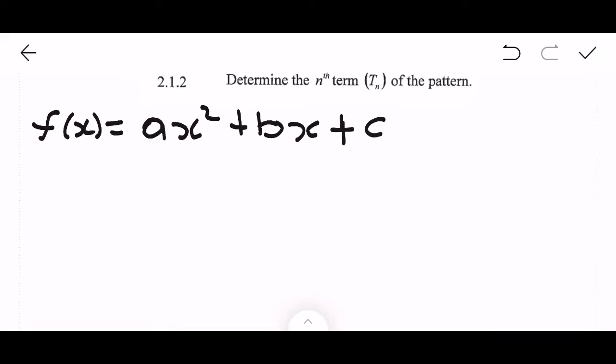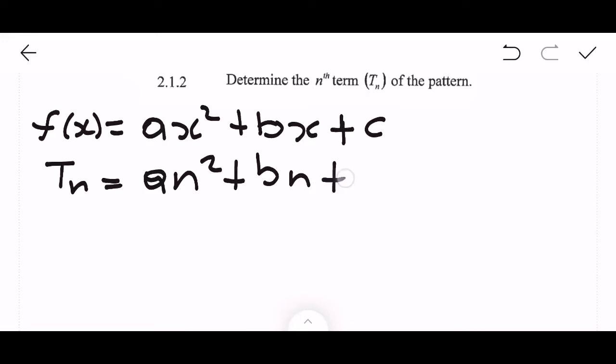So the general formula for a quadratic pattern will be Tn equals a n squared plus b n plus c. So all we do is we substitute the x for n.